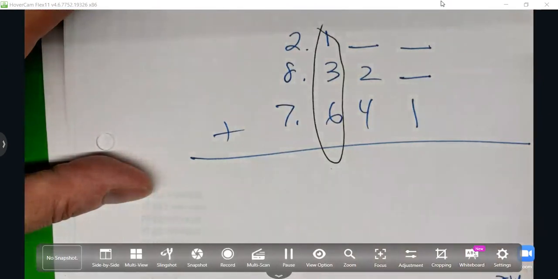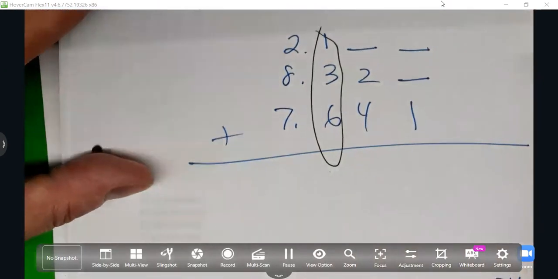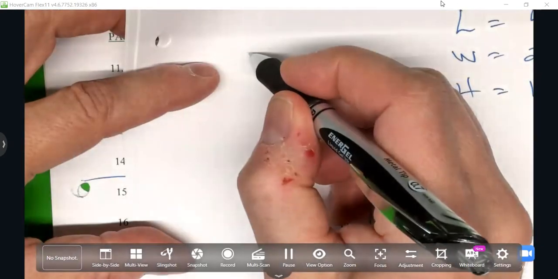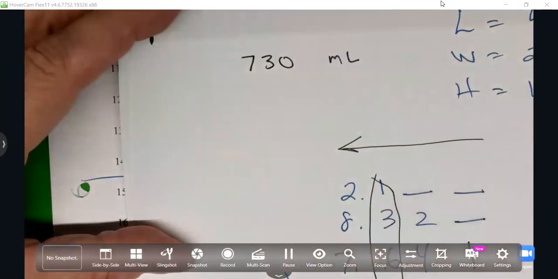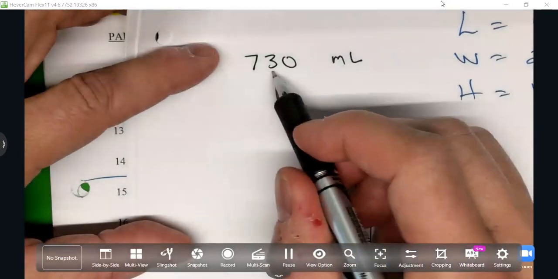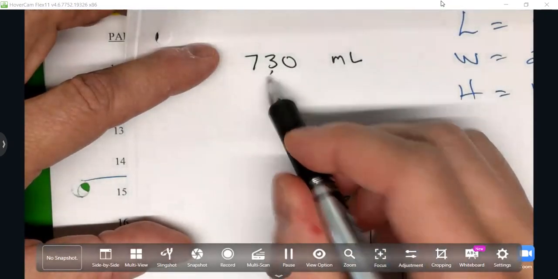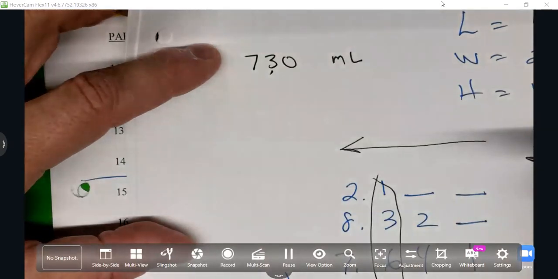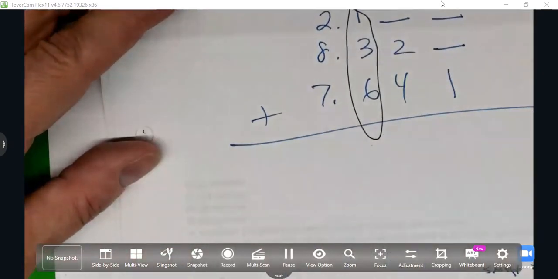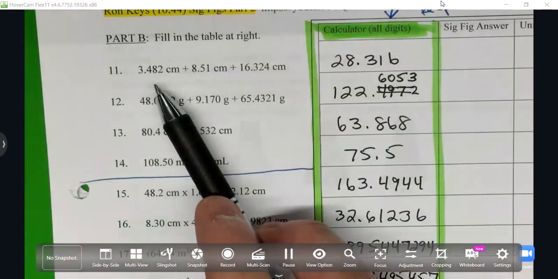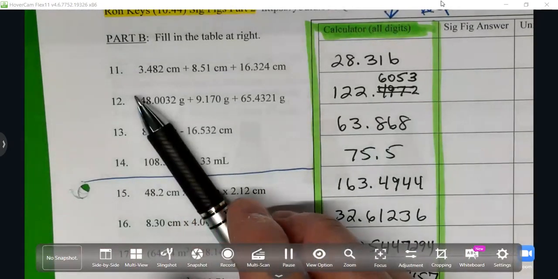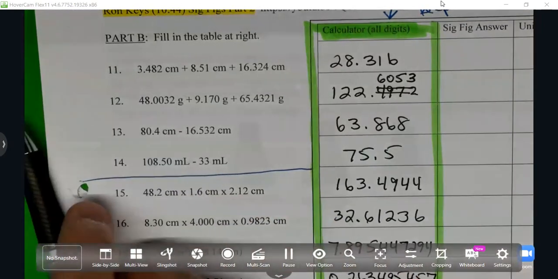So I did the water example, and we had like 730 milliliters. This is only good to the tens place, right? So you've got to keep going left. If it has decimal places, it's really easy. So in number 11, we've got 2 decimal places.